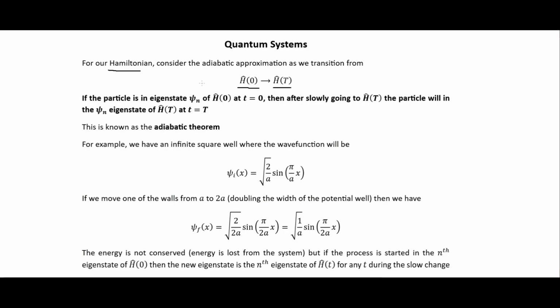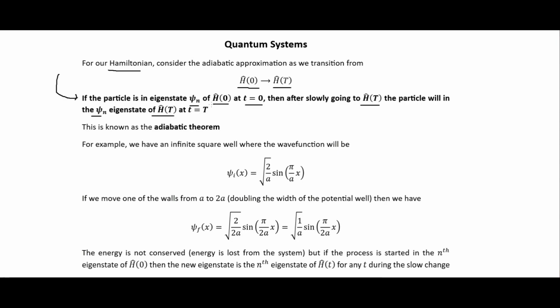And so the adiabatic theorem is this, what I have in bold. If the particle is in the nth eigenstate of the Hamiltonian at time t0, then after slowly going to this Hamiltonian at time t equals uppercase T, the particle will be in the nth eigenstate of this Hamiltonian.